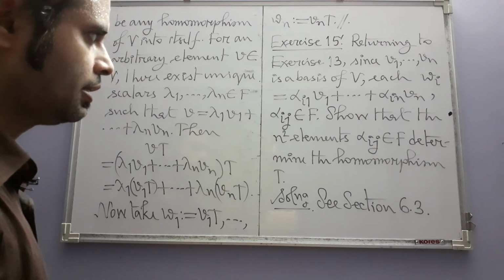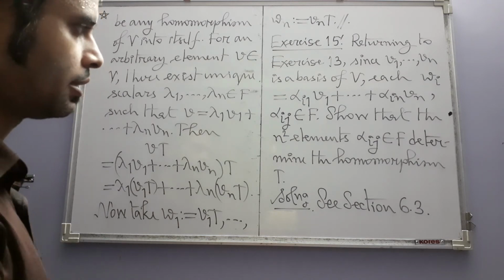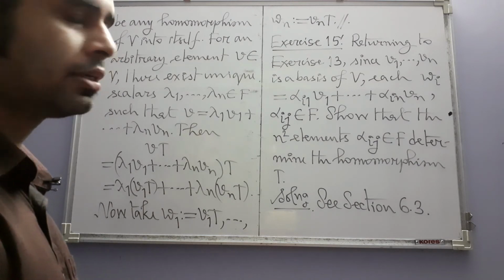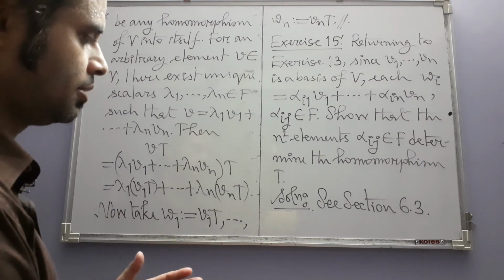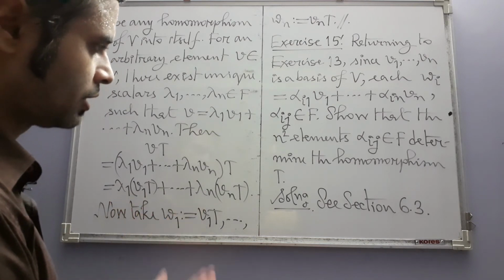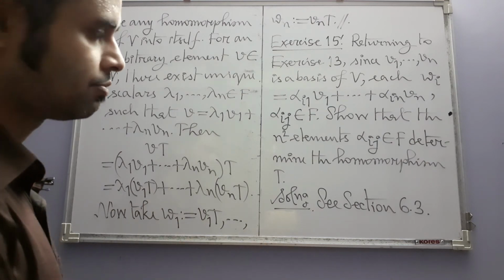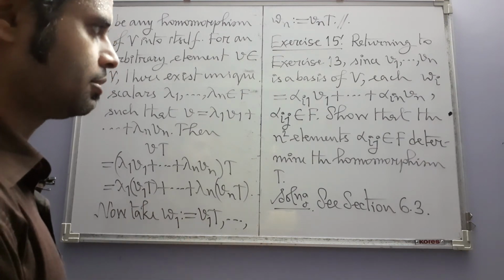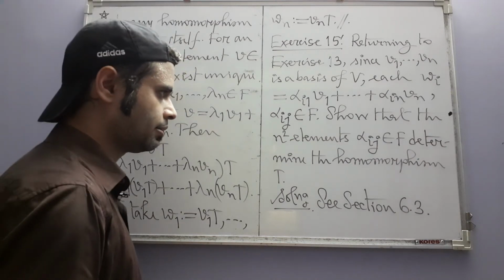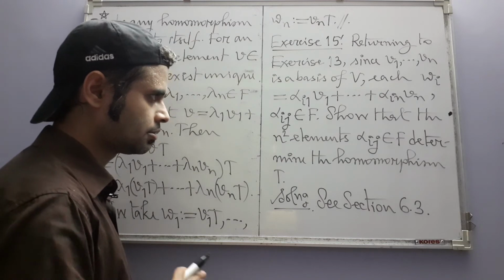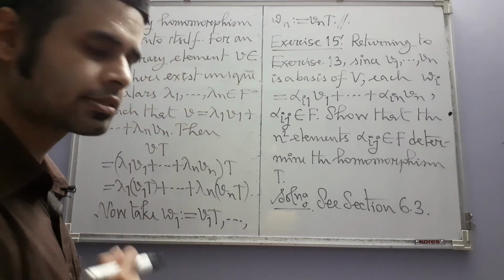Many of you already know what these alpha i's are. They are the entries of an n by n matrix, and in fact this association between vector space homomorphisms of a vector space into itself and square matrices tells us that in a sense linear operators and matrices are actually the same thing.